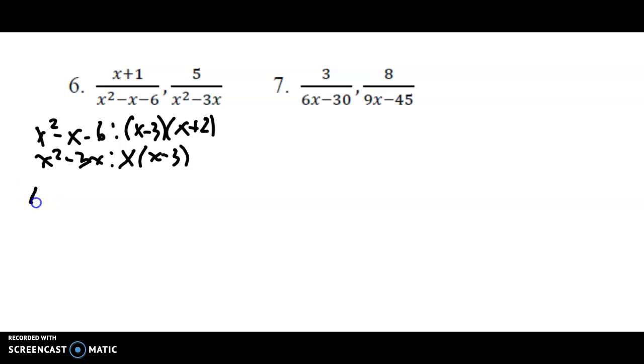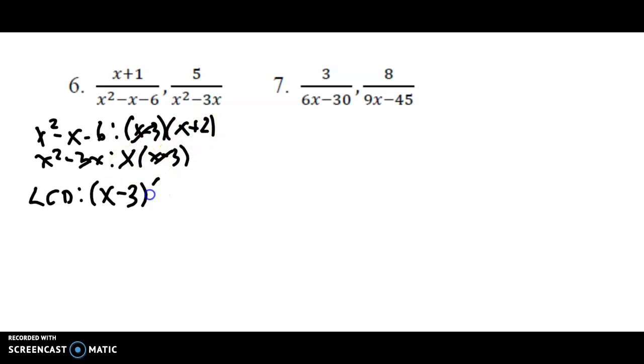Again, to find the LCD, you first look for things that are in common between both of them. They both have this x minus 3. That's the first part of the LCD. And then everything else that's left over after you cross off common pairs is the rest of the LCD.